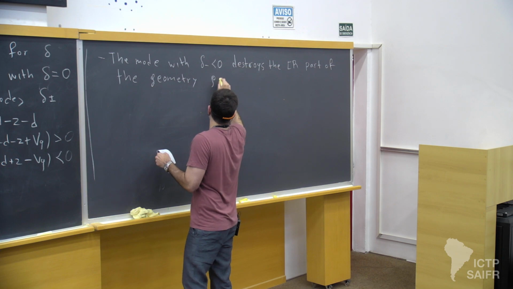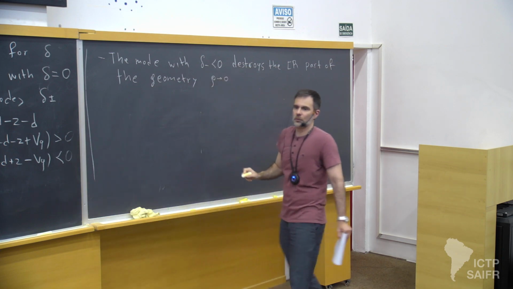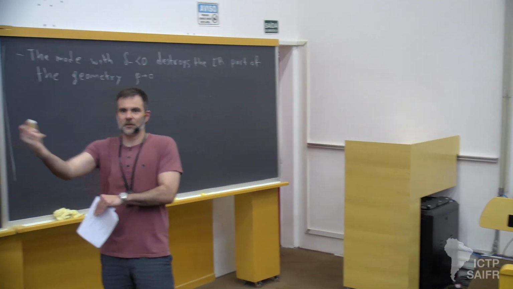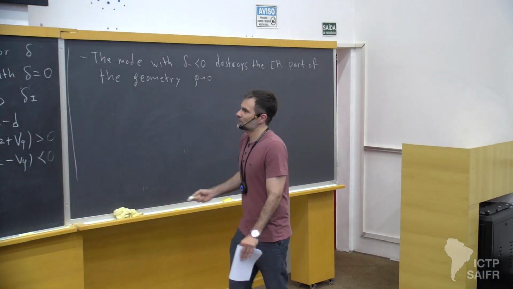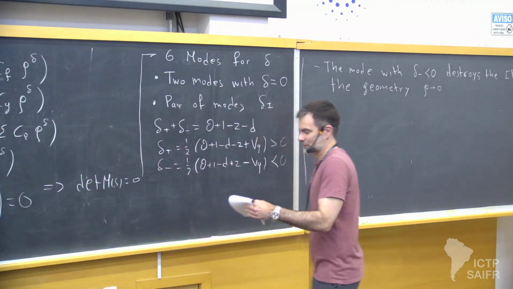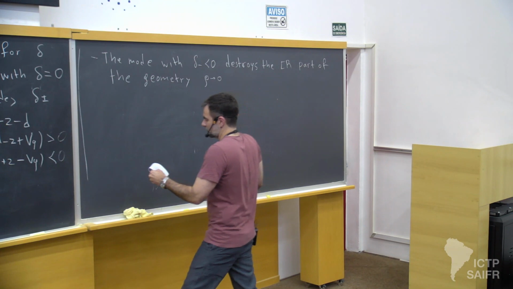Right? So the IR part of the geometry is as this rho goes to 0. So if I want to connect this to some UV fixed point, it better be that this mode does not exist in this expansion. It's set to 0.